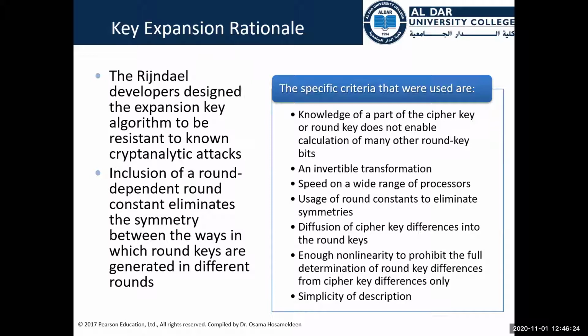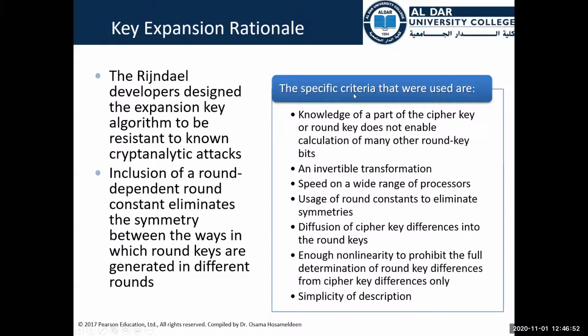This is the key, and the key has internal relationships between its bytes. The key expansion algorithm makes sure that this relationship inside each byte is cut. There is no relationship between each part inside the key itself.